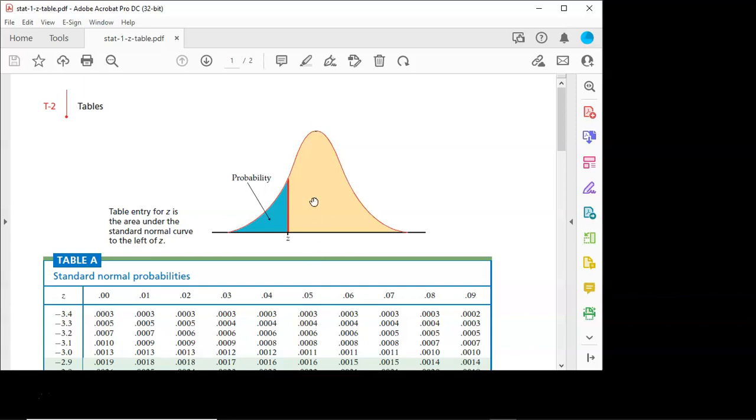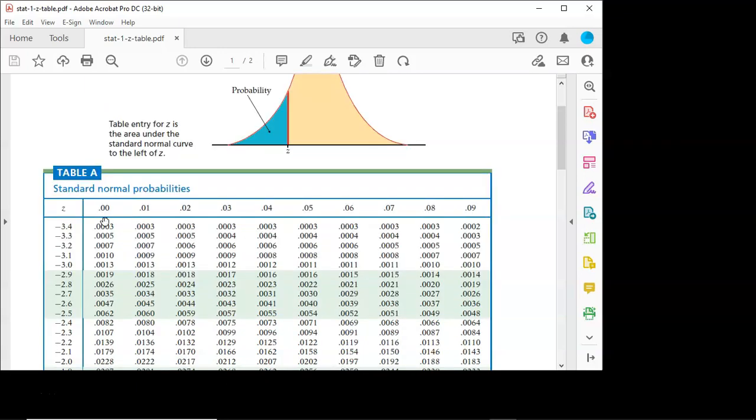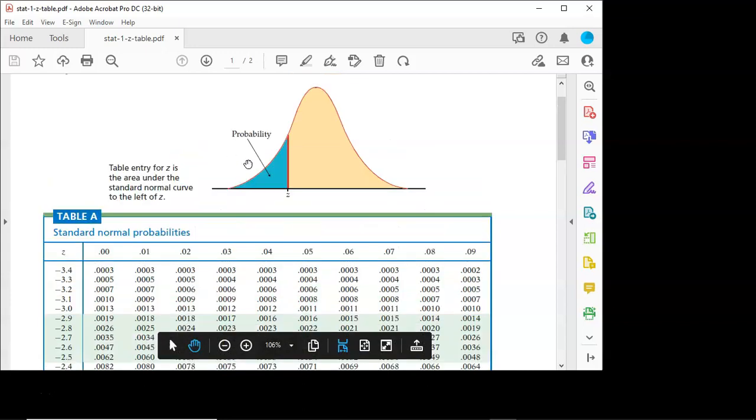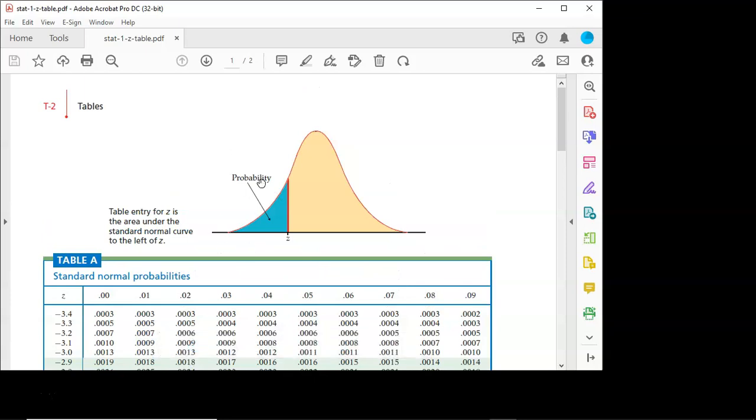So here's a normal picture going up and down, the same picture you saw before, and this is standardized, so the mean is 0. So 0 is right below here, and when z is negative, like these negative values, we have probabilities to the left, and these are visualizations of CDF, cumulative distribution.